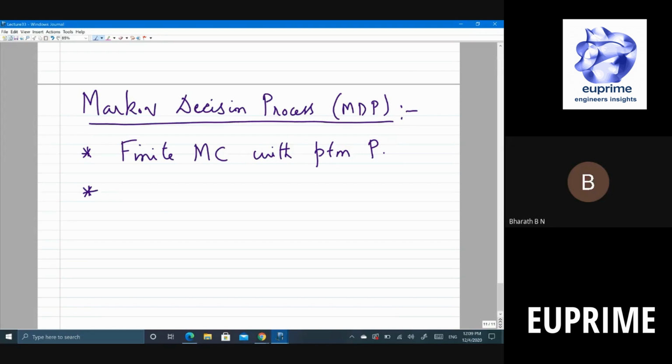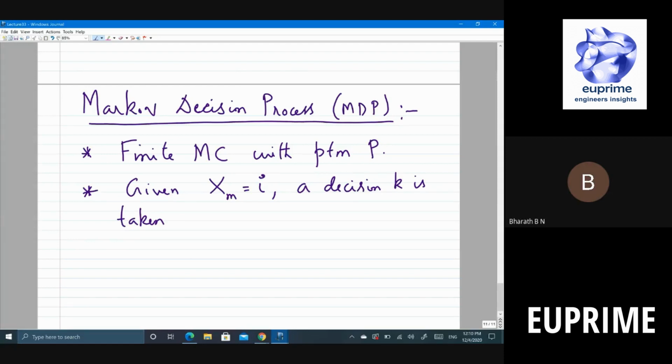Suppose you are in state, given, let's say, Xm equal to i. What does that mean? Xm equal to i means in the mth time slot, you are in state i. And then a decision k is taken.